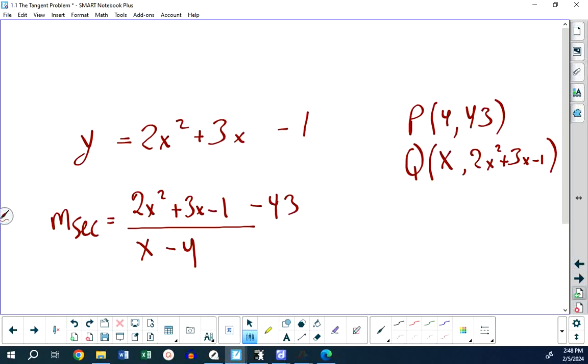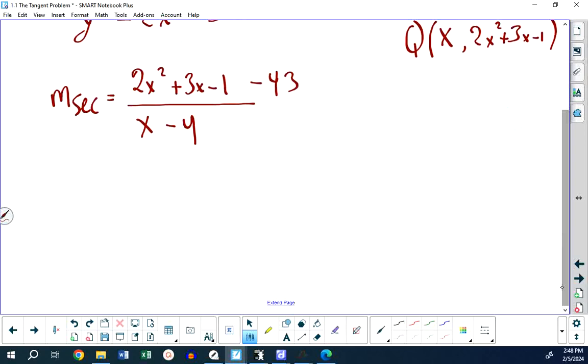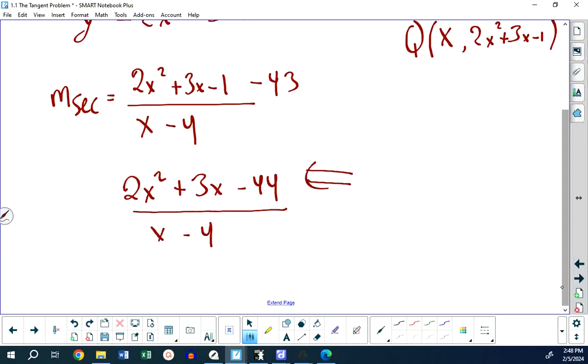I can't, right? Go ahead and put 4 up here. You should know you're going to get 0 because this is 43, right? But that means, I think this is wild, that without even thinking about it, I know that has a factor of x minus 4.